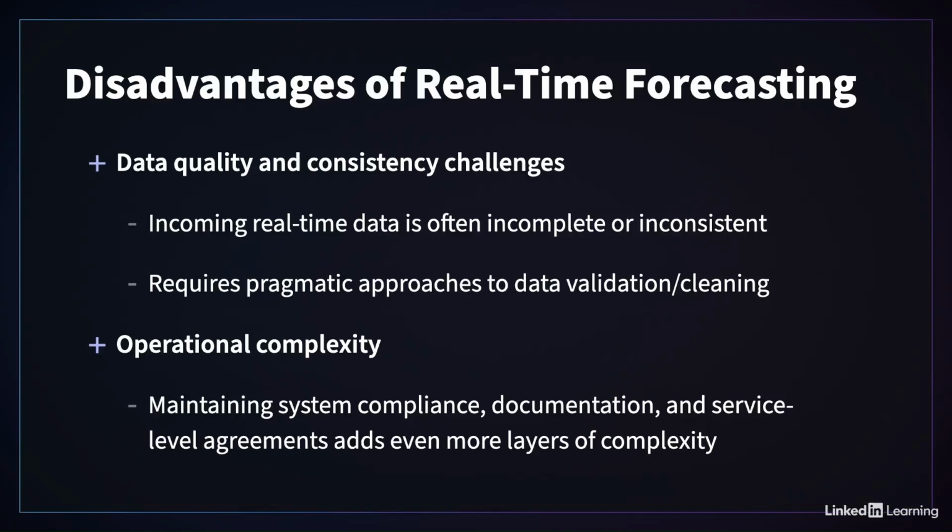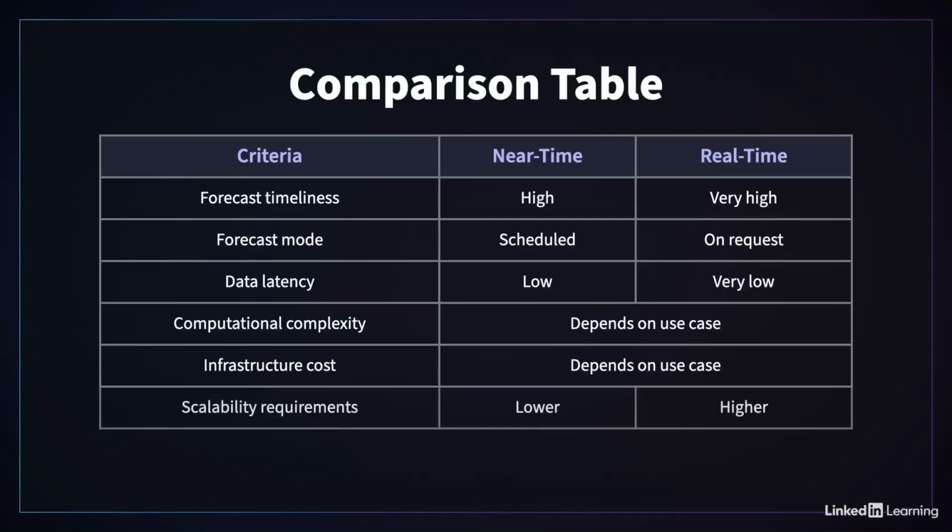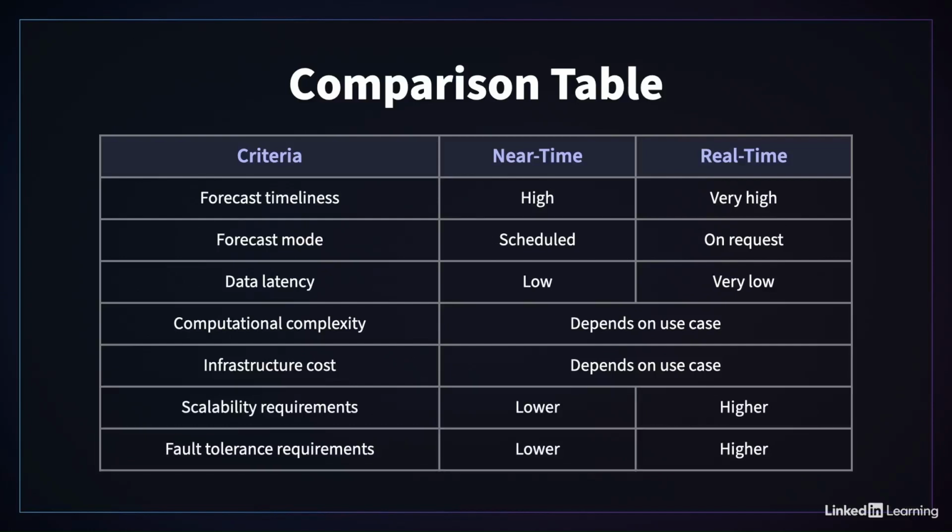Let's quickly compare near-time and real-time systems across various dimensions. Real-time systems offer a high forecast timeliness and provide predictions immediately on demand. Near-time systems also have a high timeliness, but they operate on a scheduled basis. Also, real-time systems have lower data latency compared to near-time systems, but the scalability and fault tolerance requirements are usually much higher.